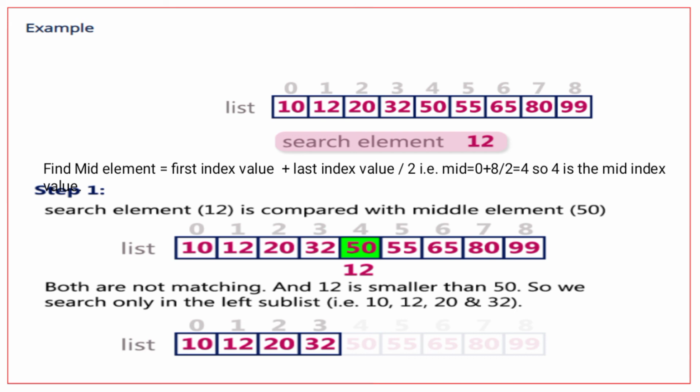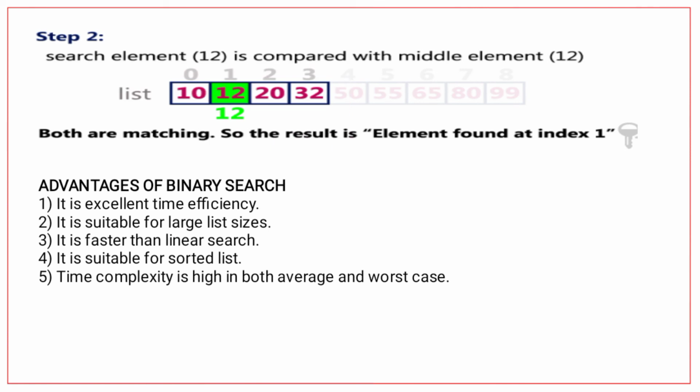Both are not matching and 12 is smaller than 50, so we search only in the left sublist, that is 10, 12, 20 and 32. Step 2. Search element 12 is compared with the middle element 12. Both are matching, so result is element found at index 1.